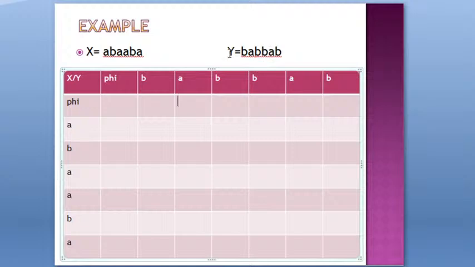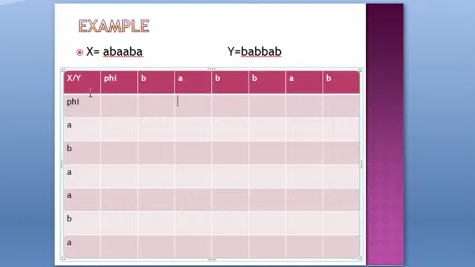Now I am creating one table over here, and my table size is m plus 1 into n plus 1. On the left hand side I put x, on the top I put the y values. Why m plus 1 into n plus 1? Because initially I put one extra column and one extra row, labeled phi.